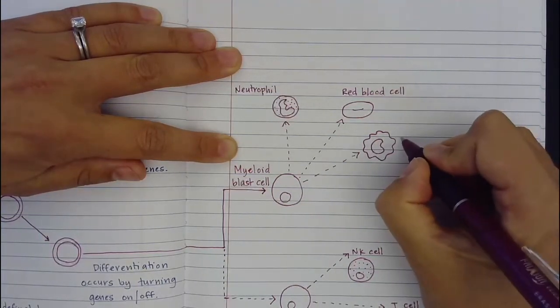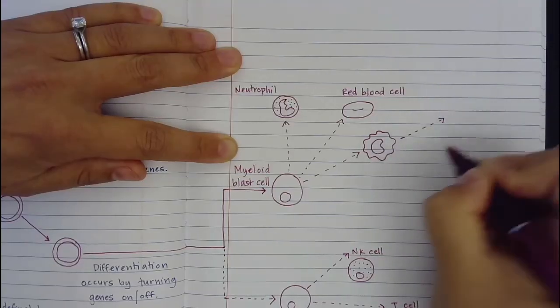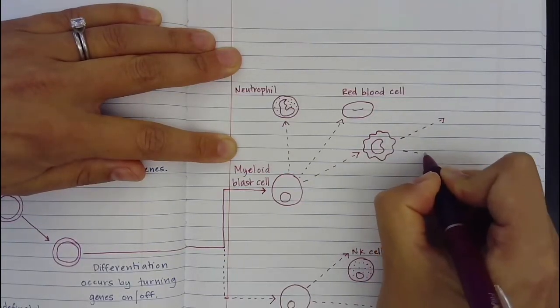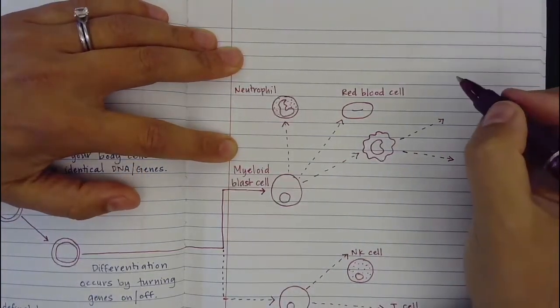And this monocyte can develop into two different types of cell, depending on which genes are turned on and off.